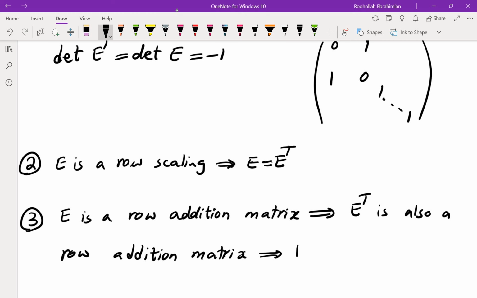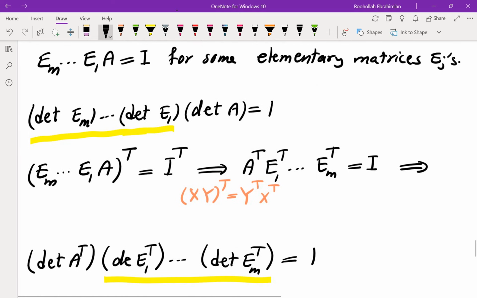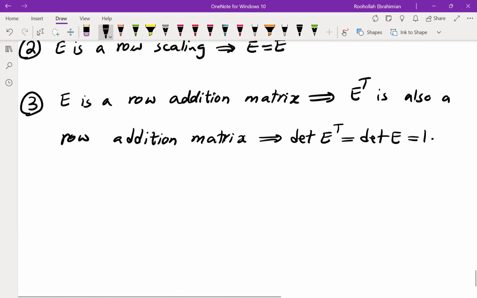So what does that mean? It means determinant of E transpose is again determinant of E, and in fact both of them are 1. So for all elementary matrices, determinant of E and determinant of E transpose are the same. Therefore, these highlighted portions are the same. Therefore, determinant of A and determinant of A transpose must be the same.